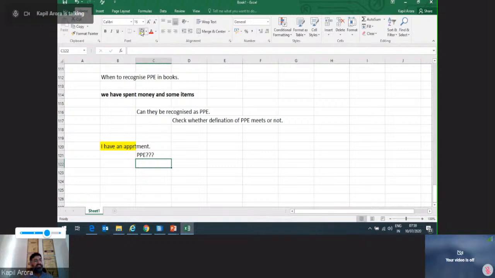Can we consider this apartment as property, plant and equipment or not? Or I have a piece of land. Can we consider this piece of land as property, plant and equipment or not?